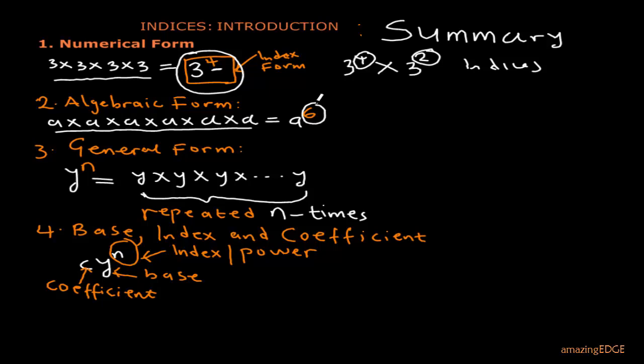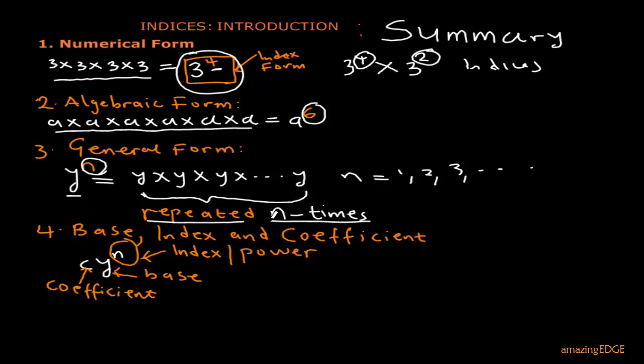So in general form, we can take any variable of this form, supposing we call it y, and we raise this to power, maybe we call it n, and n we said could be any value like 1, 2, 3, and so on. So we call this repeated n times multiplication.